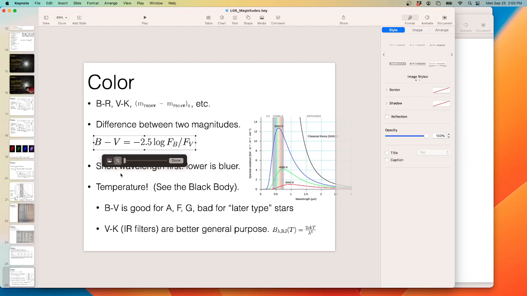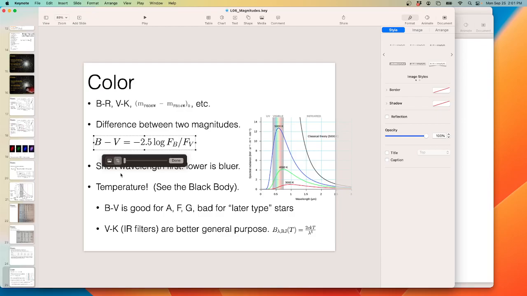So then when I take two of these, B minus V is going to be, I take this and I take another one that's the same, but with V's. I get minus 2.5 times the log base 10 of FB over FV, minus the stuff in the denominator, minus 2.5 times the log of FB0 over FV0, minus MV0.